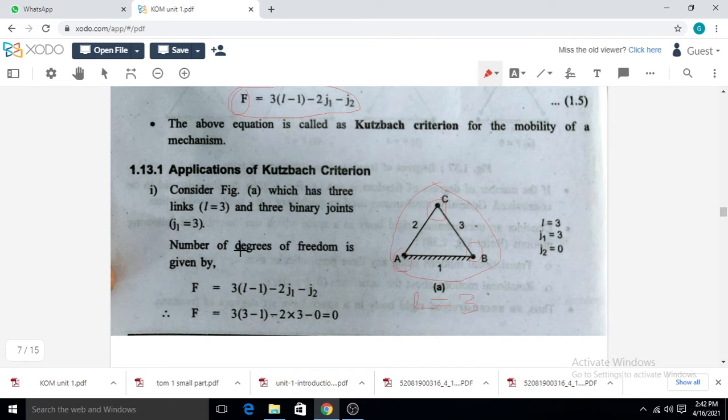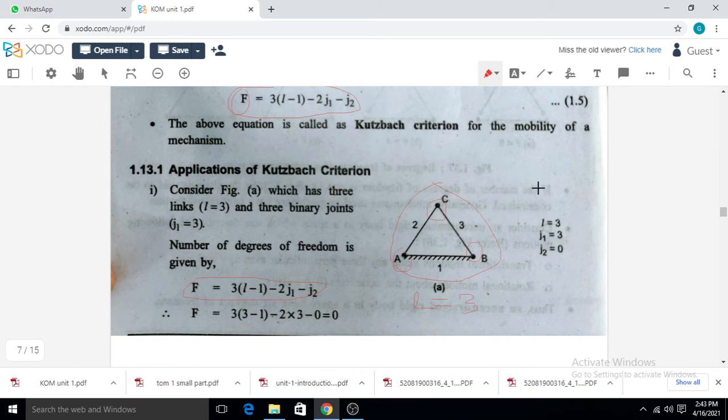the number of higher pairs is 0. So by putting in the values in the formula to find the degree of freedom, F is equal to 3 into (L minus 1) minus 2J1 minus J2. L is 3, J1 is 3 and J2 is 0. So 3 minus 1 is 2, 2 into 3 is 6, minus 2 into 3 which is 6, so 6 minus 6 is equal to 0.